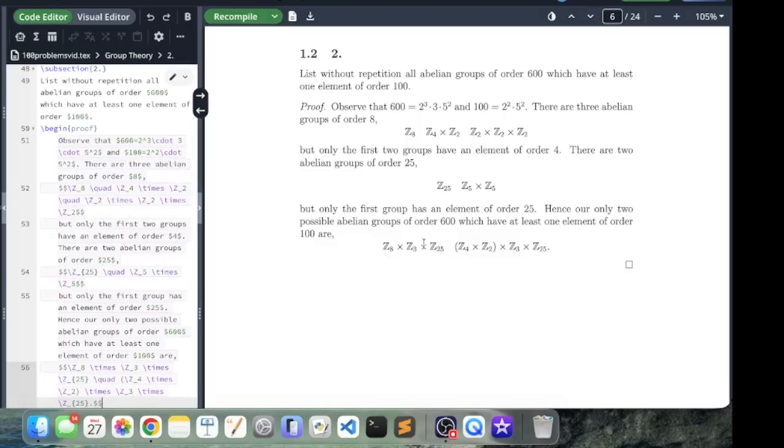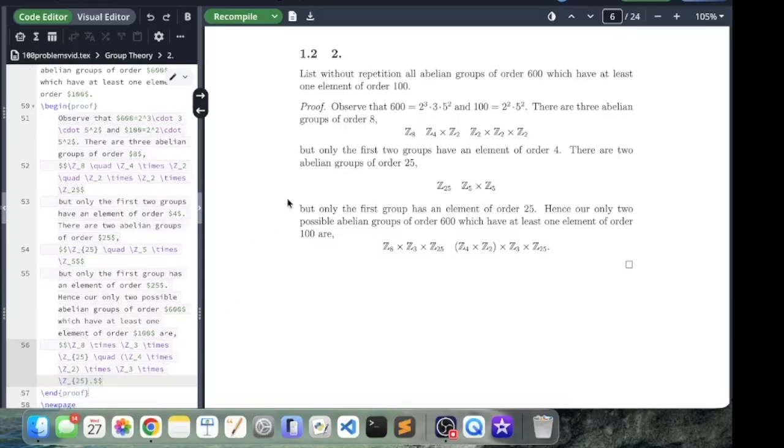So this one's just Z600. And this one, if you look at the 4, the 3, and the 25, that's just this but with a 4, so it would be half that. So this is Z300 cross Z2. So we have Z600 and Z300 cross Z2, which, if you want to say that, you could say that. But that's this problem done.